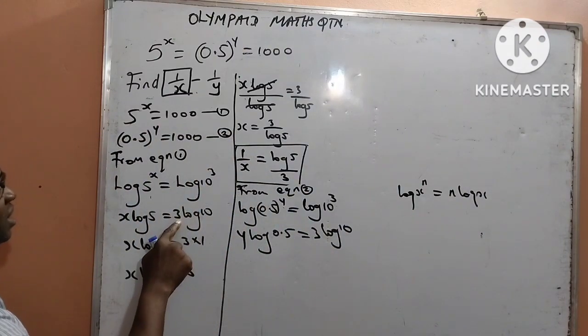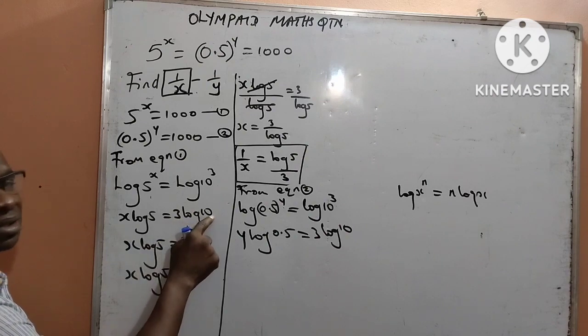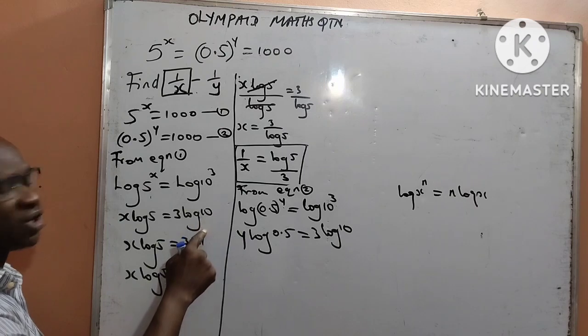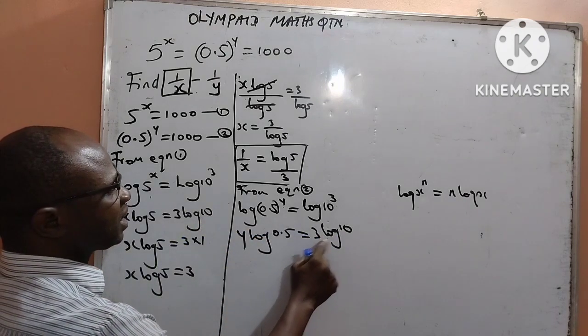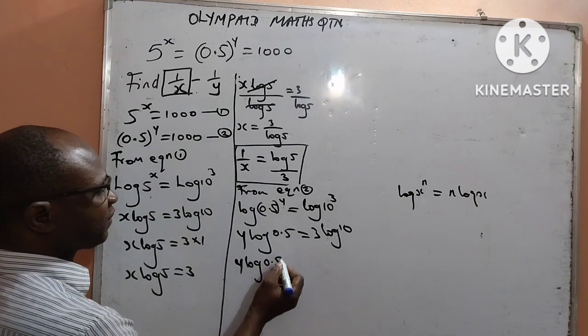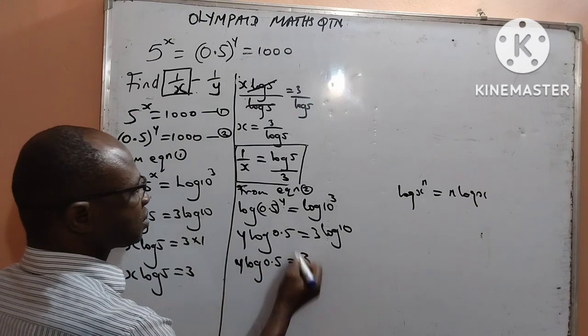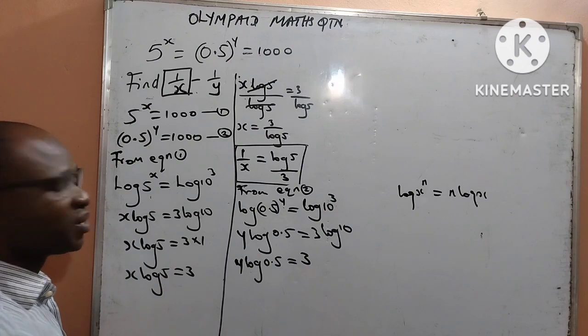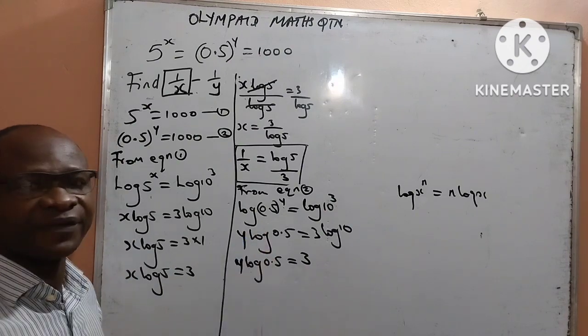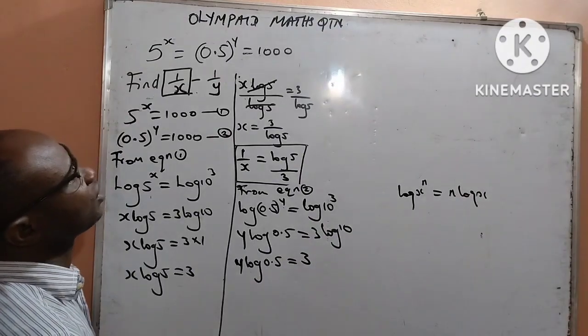Next, we did here that 3 log 10 is 3 times 1 because my log 10 is in natural base. Meaning that here will be 3 multiplied by 1, giving me y log of 0.5 equal to 3. Next, I will divide both sides by logarithm of 0.5.